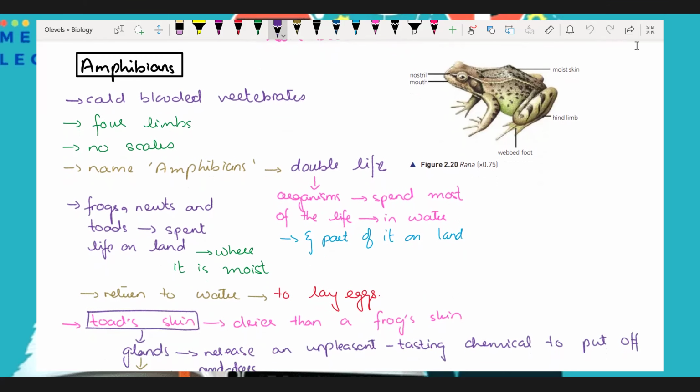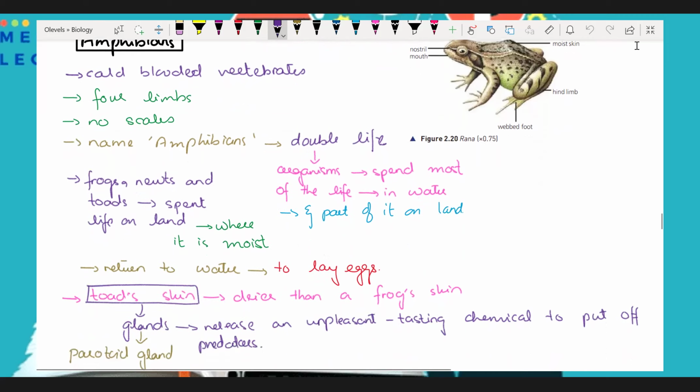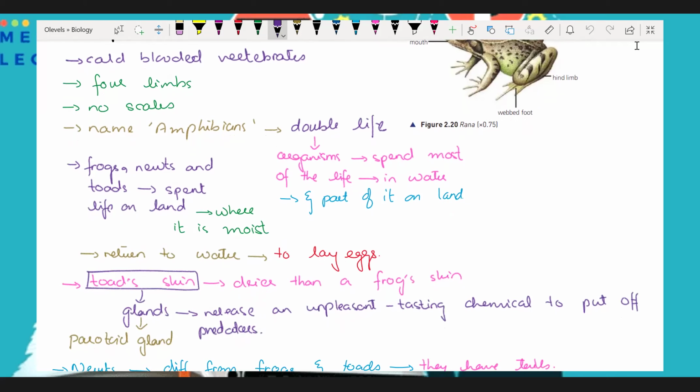Those are called frogs, newts and toads, and they all spend their life on land where it is a little bit moist, and then they return to water to lay eggs.